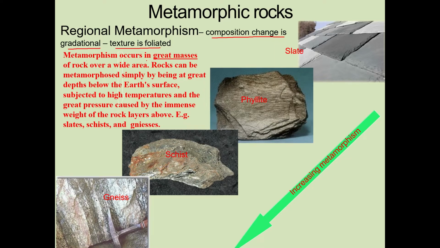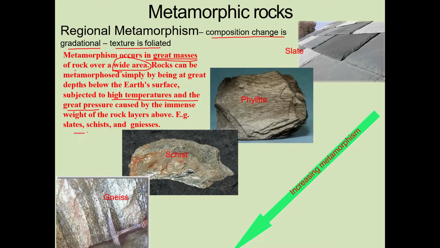Metamorphism occurs in great masses of rock over a wide, larger area. Rock can be metamorphosed simply by being at great depths below the earth's crust, subjected to high temperature and the great pressure caused by the immense weight of the rock layers above it.